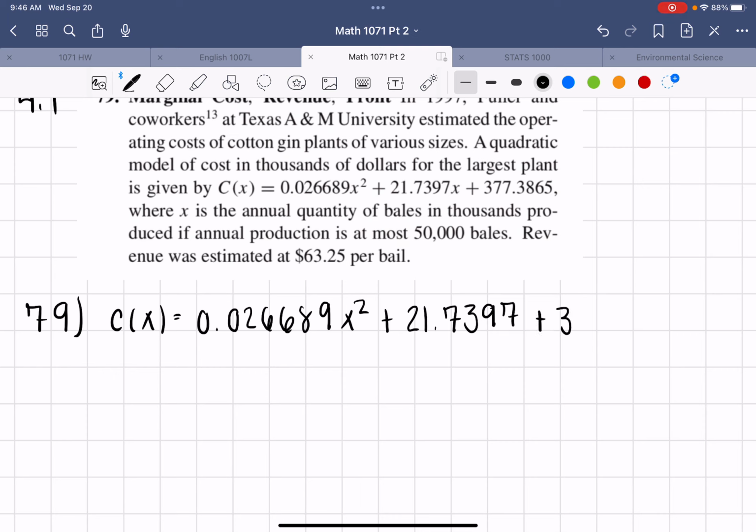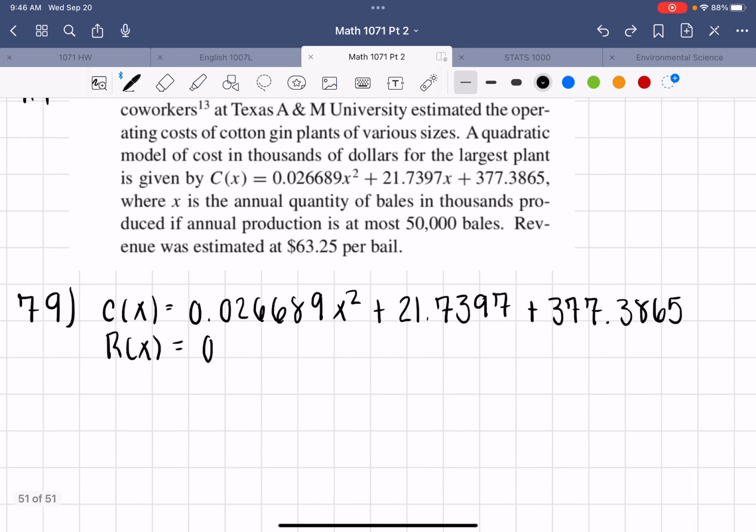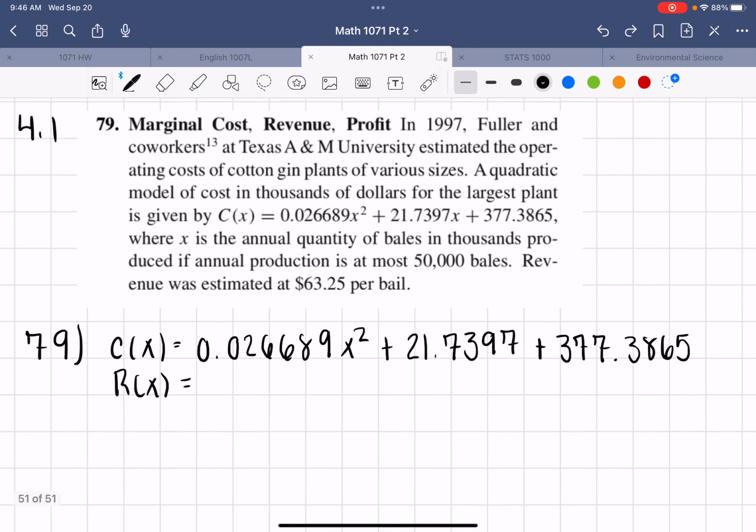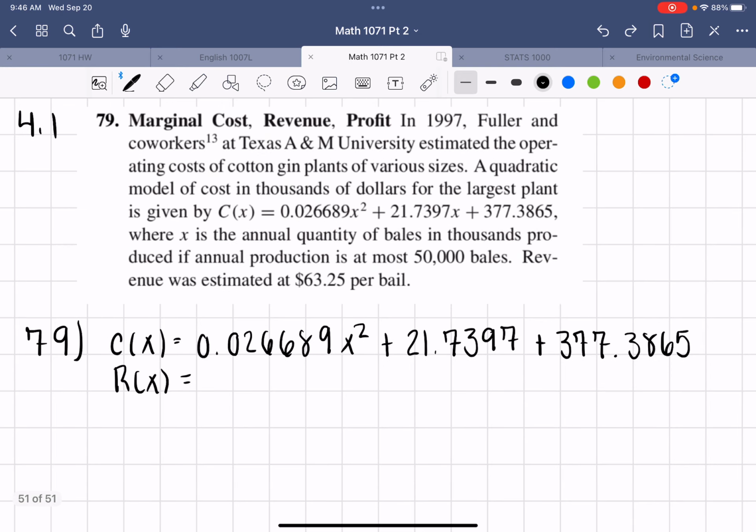Do you see why marginal cost is the derivative? Your cost function is some quadratic function. If x is your current production, C of x is the cost. Marginal cost is the cost of producing one more.